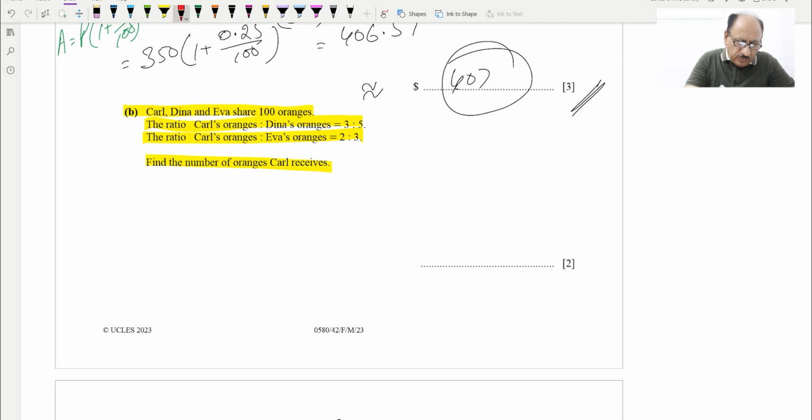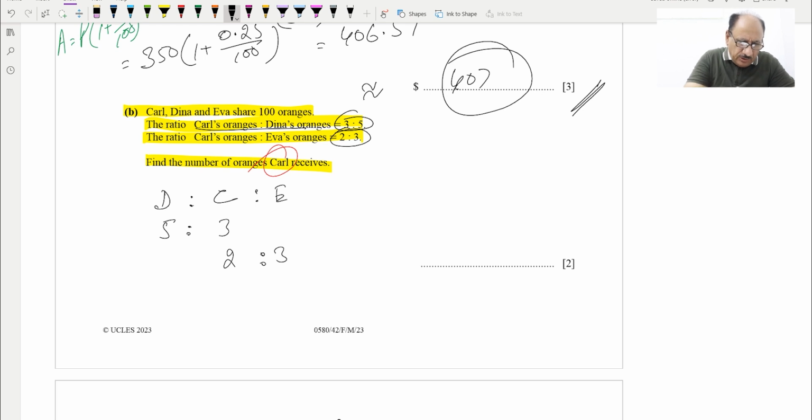We can take D for Dina, C for Carl, and E for Eva. So 3:5 is for Carl and Dina, and 2:3 is for Carl and Eva.